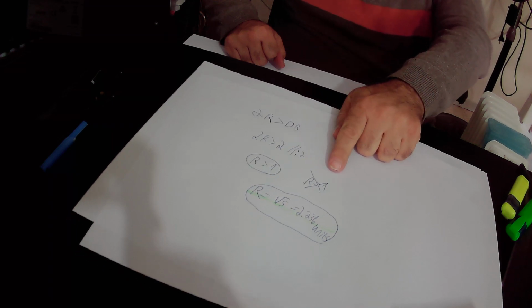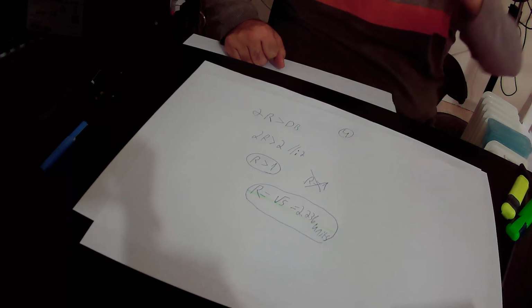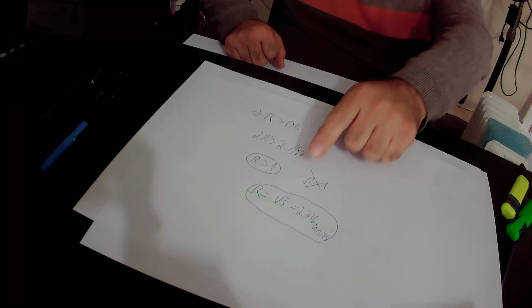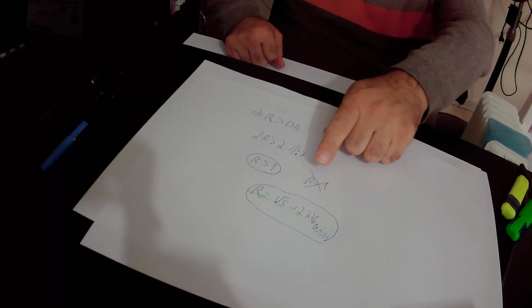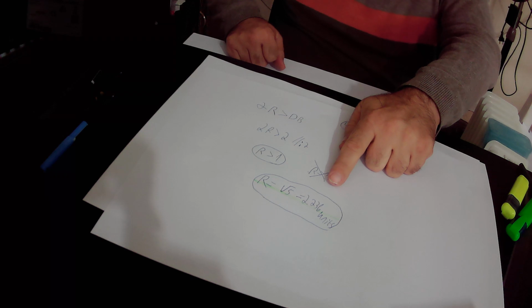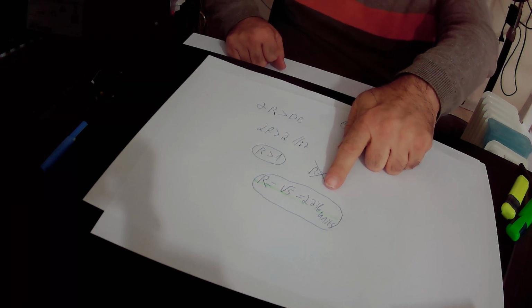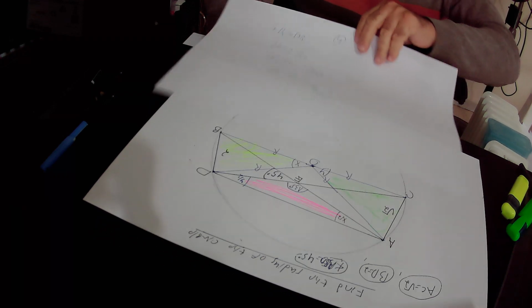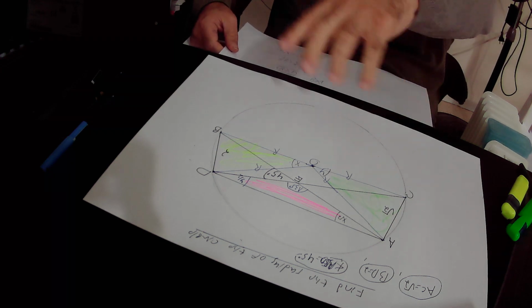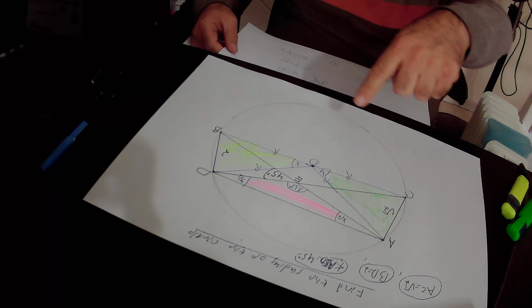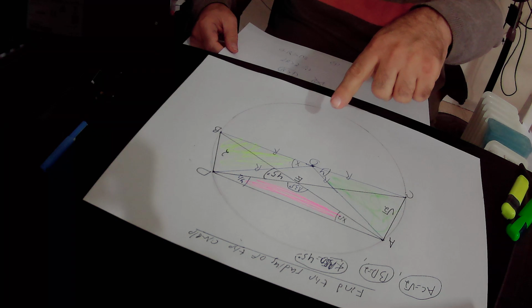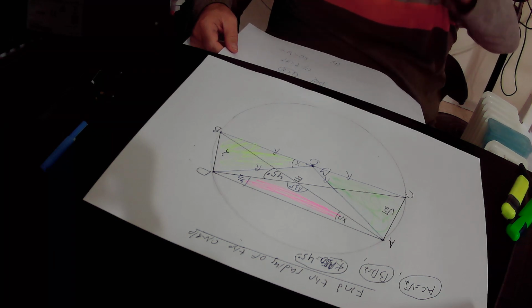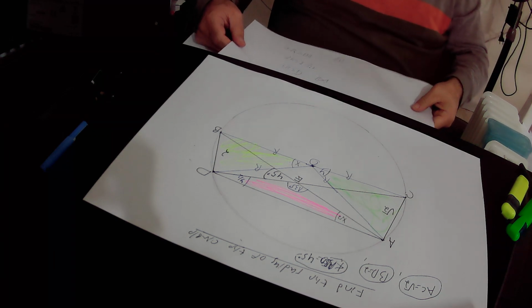So we are left only with the possibility that R equals square root of 5 units, and square root of 5 units is 2.236 units. So the answer to the question is that R, the radius of this circle, equals square root of 5 units, that is 2.236 units. Okay, thank you very much.